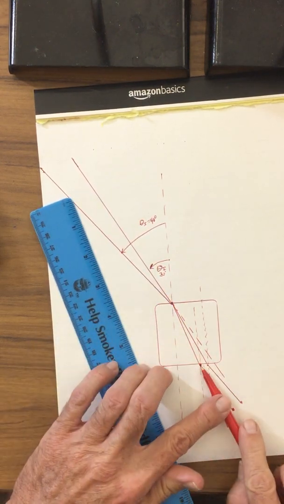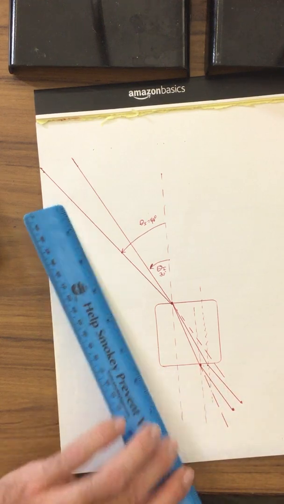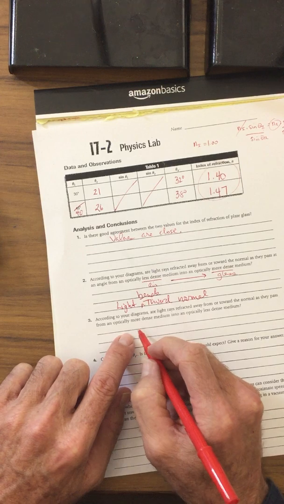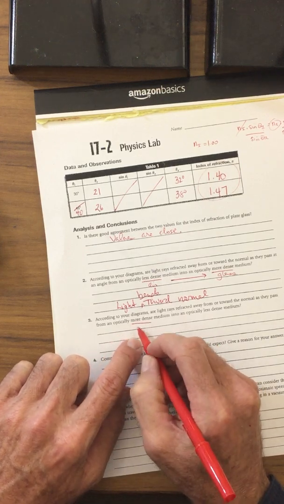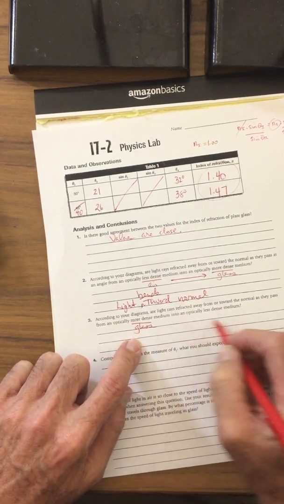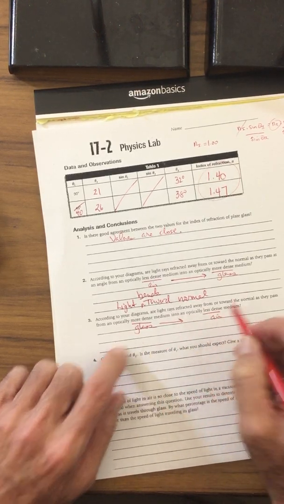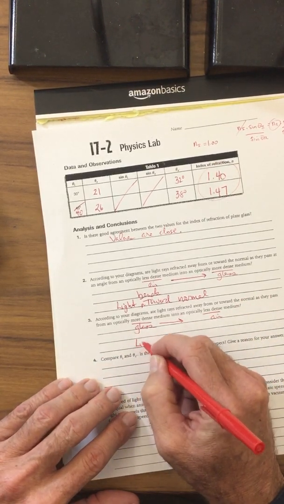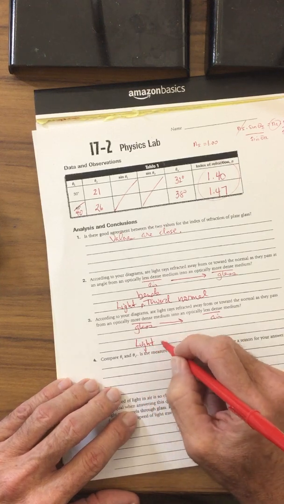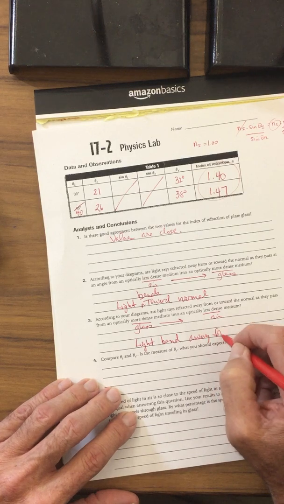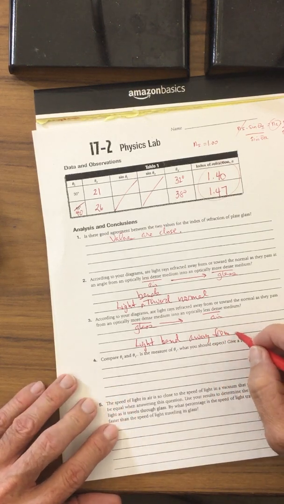It actually bends outward, away from the normal. So when it's going from optically more dense, in this case again the glass, to less dense, such as air, the light is going to bend away from that normal.